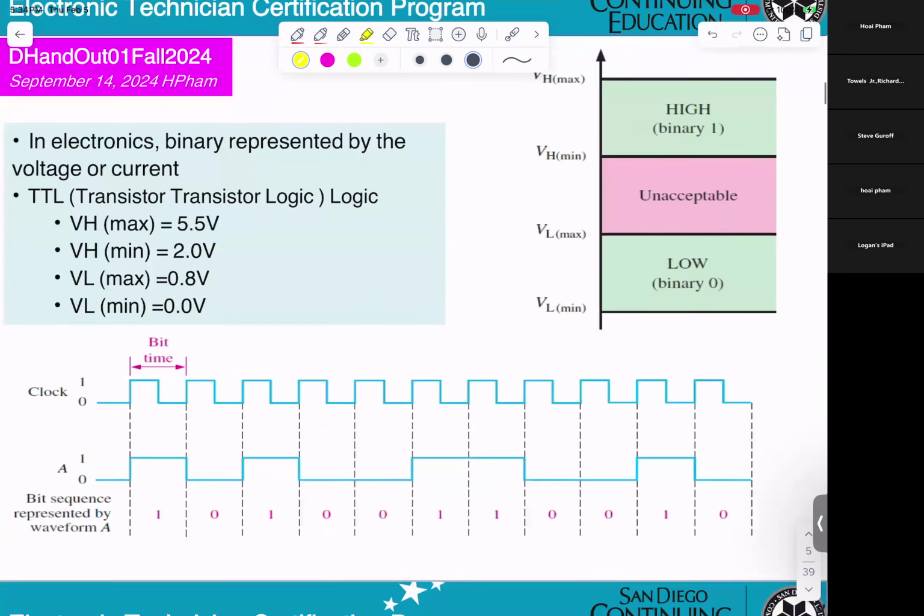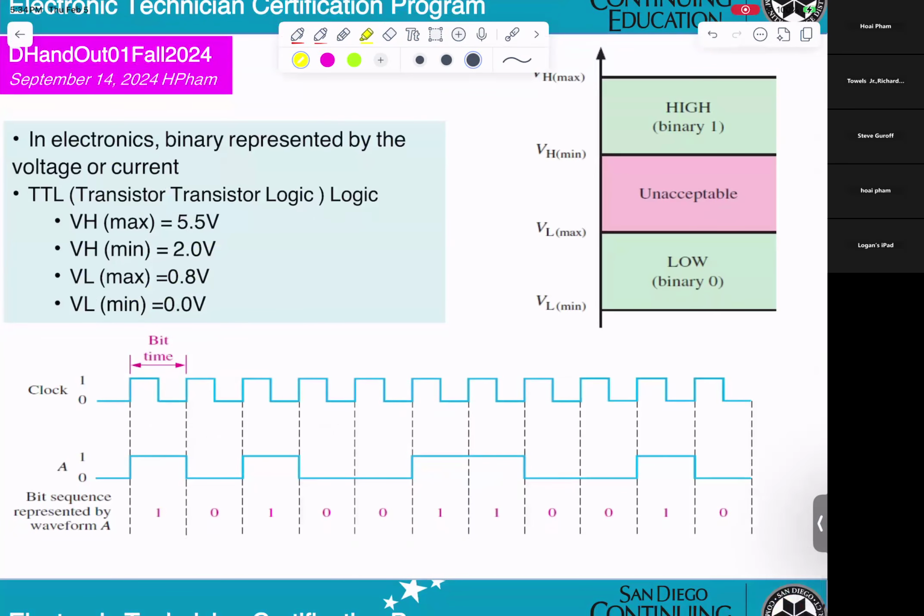Now, we see that in electronics, binary is represented by voltage or current. Okay. TTL, transistor-transistor logic. V high, maximum 5.5 volts.